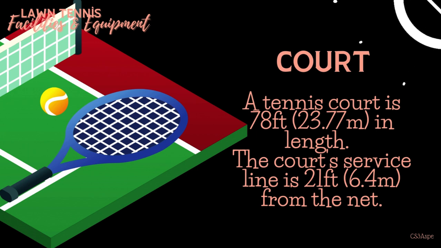The courts used for singles matches are 27 feet or 8.23 meters wide, while doubles courts are 36 feet or 10.97 meters wide. The courts used for singles and doubles vary in terms of length and width. The singles court is slightly narrower but longer than the doubles court, as you can see in the diagram in the next slide.